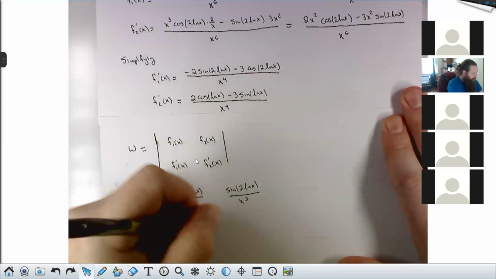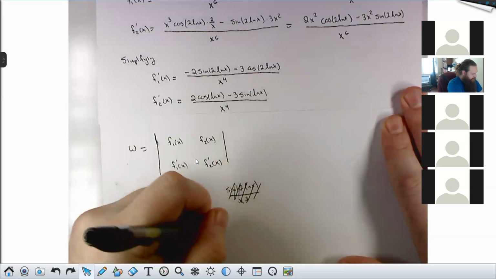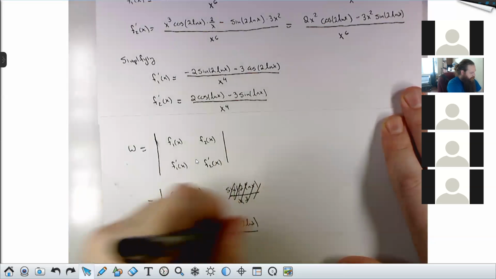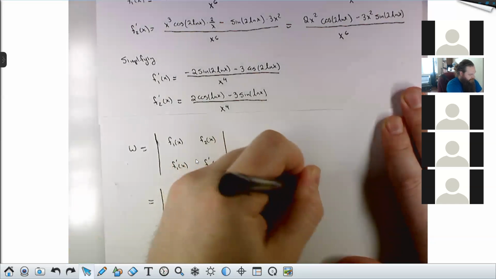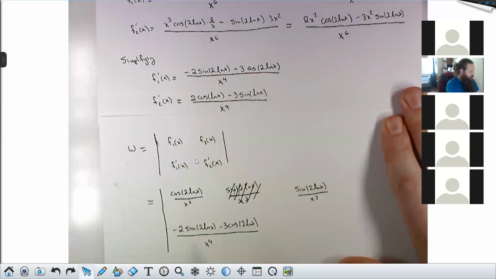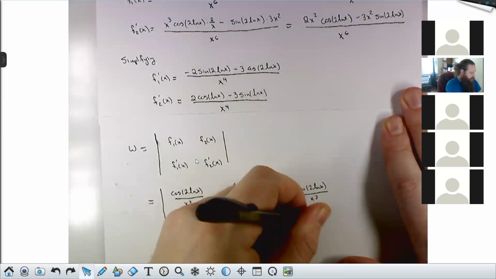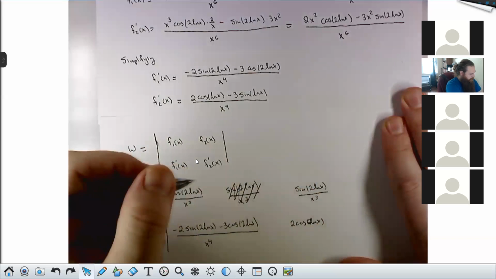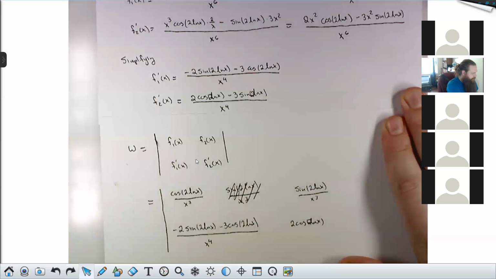I don't even know, this is ridiculous. Yeah, I'm going to have to move this guy way over. Minus 3 cos 2 ln x all over x to the 4. I'm going to recopy this one, so this is sine 2 ln x over x cubed. And then f2 prime is 2 cos 2 ln x. Oh, I left off the 2's here, didn't I?